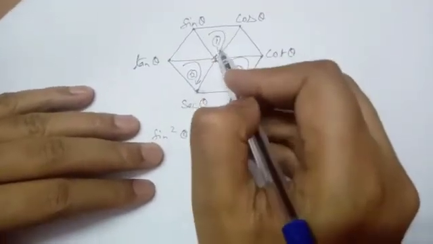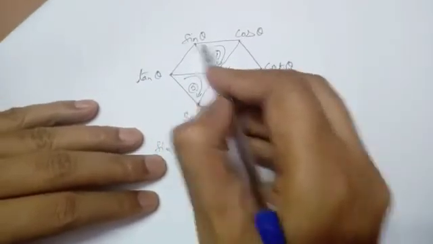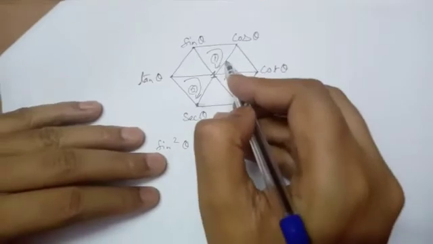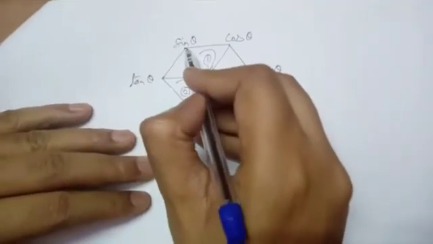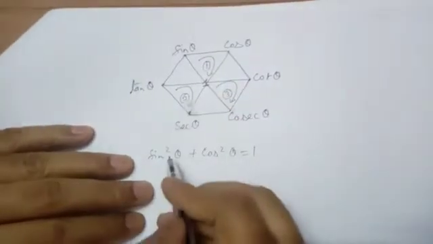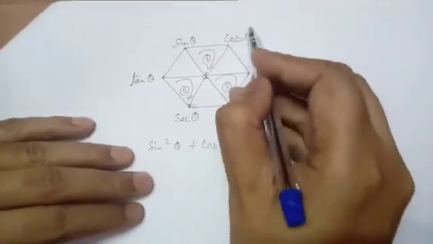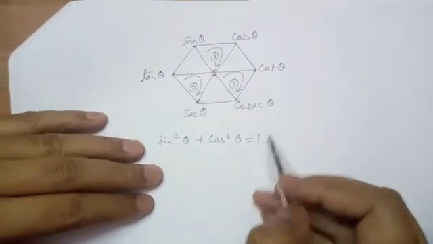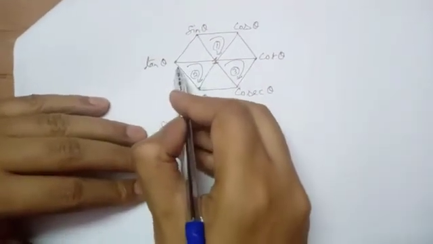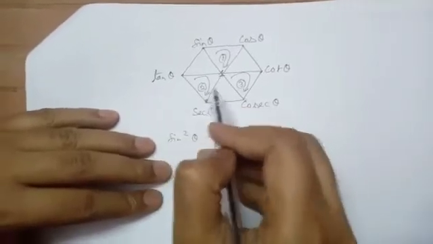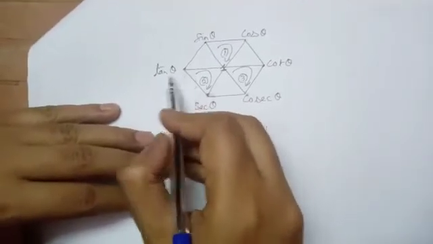As the arrow is directing from sin theta then cos theta towards the 1, we are going to write in the same pattern. So sin theta squared would be sin square theta, cos theta squared would be cos square theta, will be equal to 1.